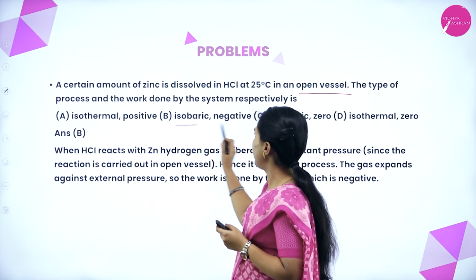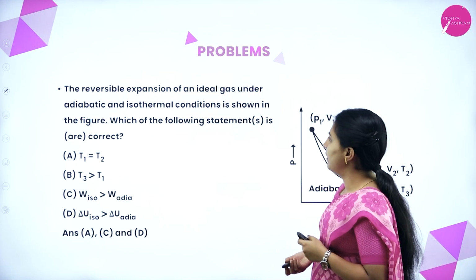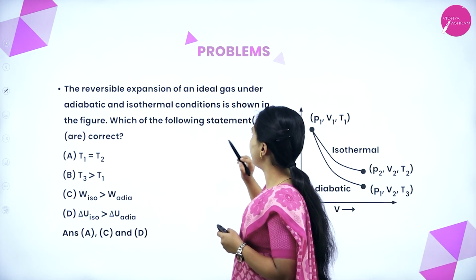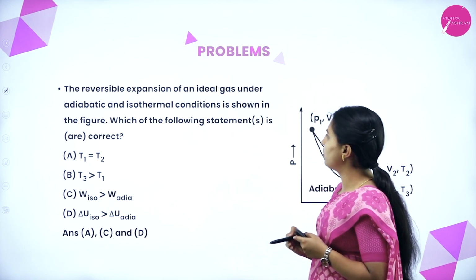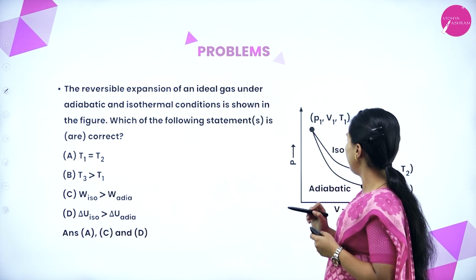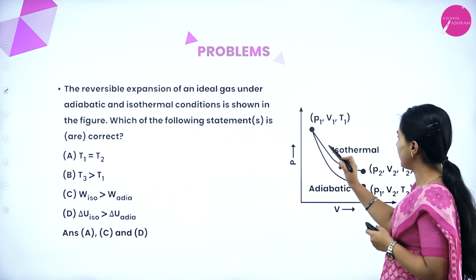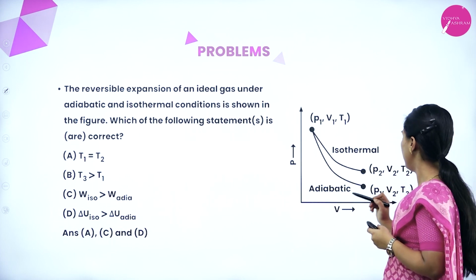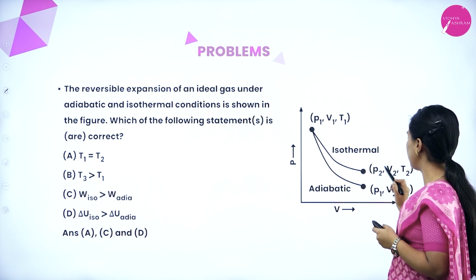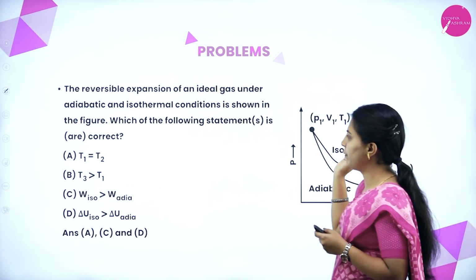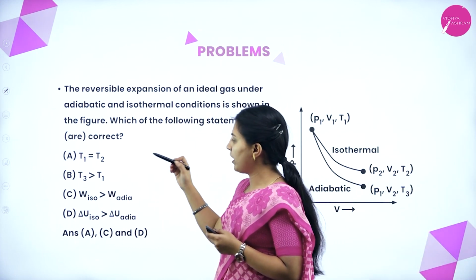Means isobaric and negative. The reversible expansion of an ideal gas under adiabatic and isothermal conditions is shown in the figure. This is adiabatic, this is isothermal, pressure versus volume, with P1, V1, T1 and P2, V2, T2. See here, which are correct?